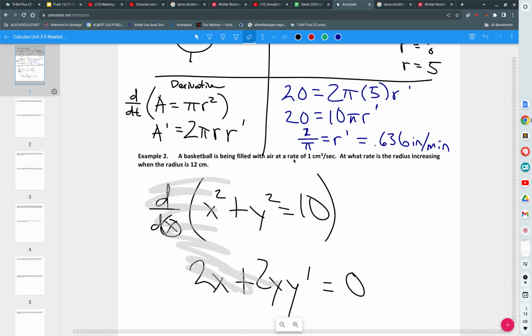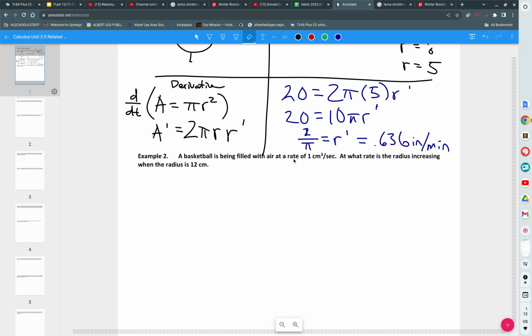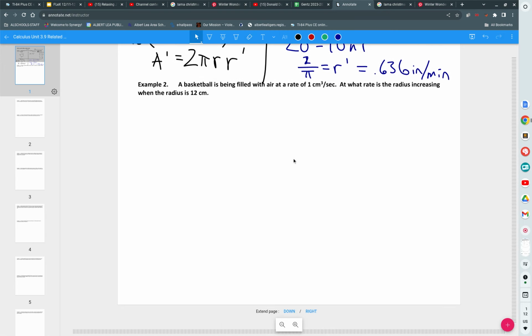A basketball is being filled with air at a rate of 1 cubic centimeter per second. At what rate is the radius increasing when the radius is 12? Similar problem, different formula. I have a basketball.